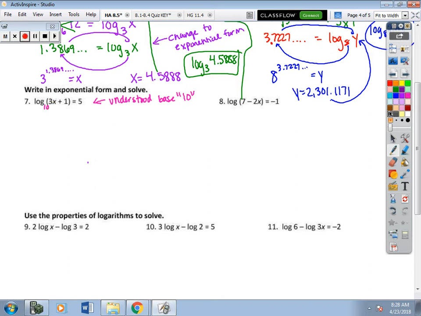So we'll change this to exponential form. Which will become 10 to the 5th power equals 3x plus 1. Evaluate 10 to the 5th power, which will be 100,000.